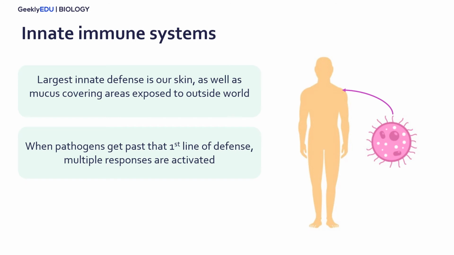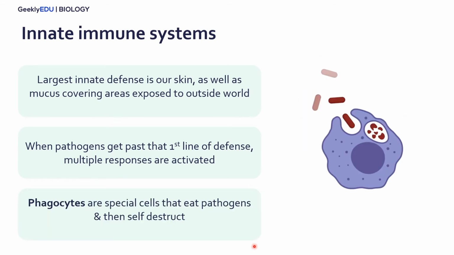But often, pathogens will get past this first line of defense, and when this happens, multiple innate immune responses are activated. And the first of which is probably the inflammatory response. So if you cut your hand, that is why your hand might be a little bit swollen or red. That's our innate immune system sending all of the immune cells to that region to fight pathogens.